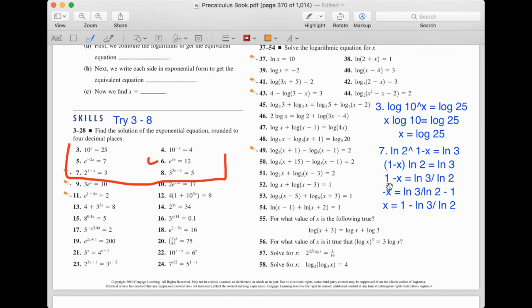You see the third step, we have 1 minus x, because the exponent is 1 minus x. Then if you divide by 1 on both sides, wouldn't ln 3 and ln 2 stay the same? What do you mean?